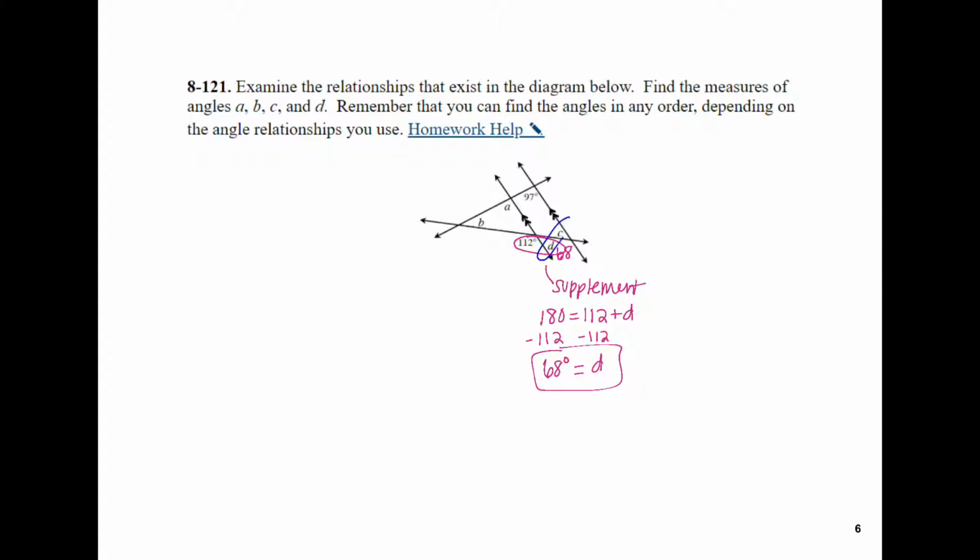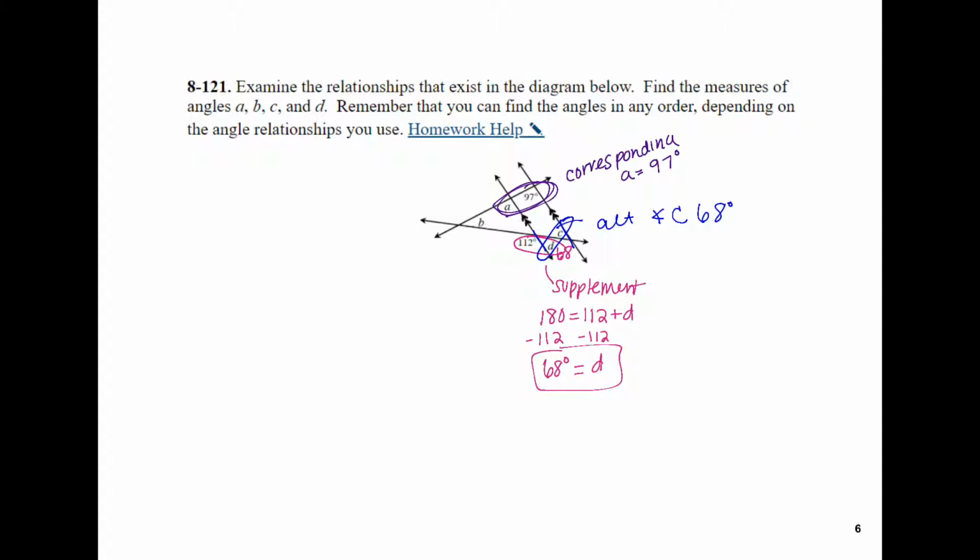Looking at angles D and C, these are two parallel lines, so I have alternate interior angles, which would make angle C 68 degrees as well. Looking at A and this angle 97, I know that these are corresponding angles. So A is equal to 97 degrees.